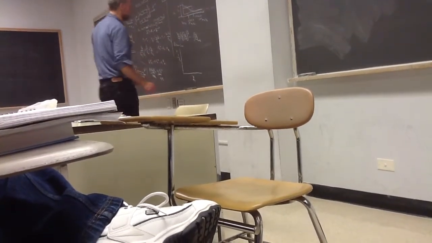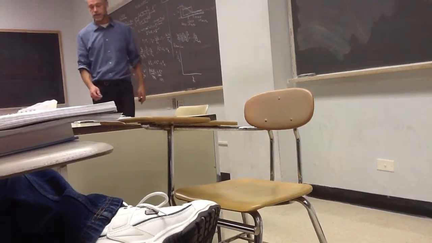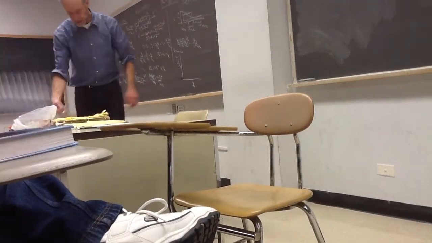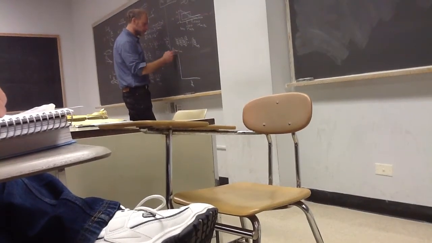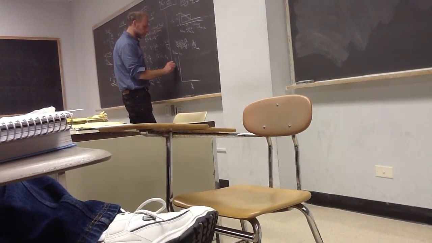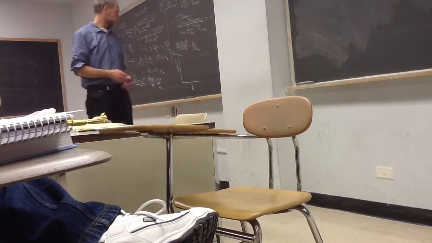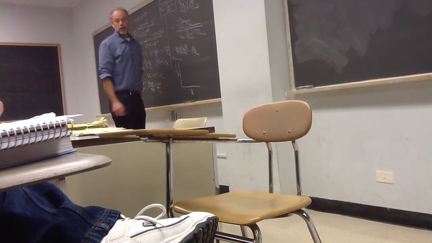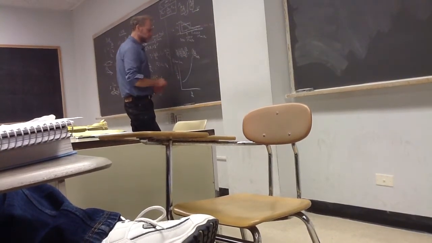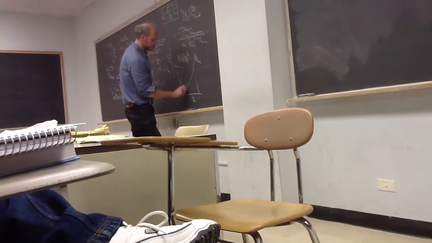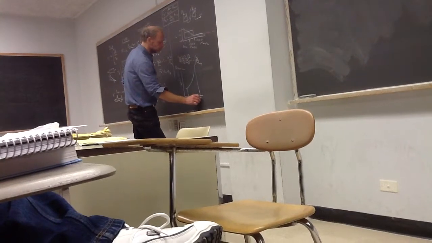But now I want to plot -1 over RA versus XA. And we said the curve typically looks like this. If it's monotonic, here's in, here's out.